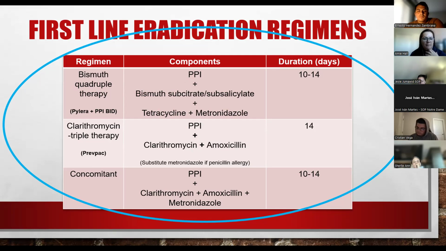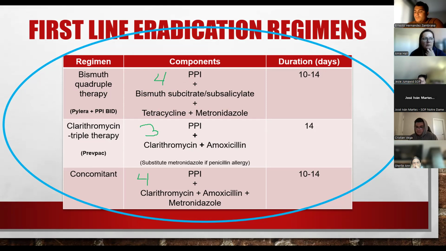It's all in the name, people. And then we have concomitant therapy, which is a PPI plus clarithromycin plus amoxicillin plus metronidazole. So this is four drugs.